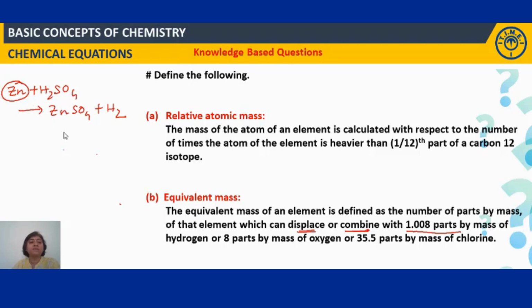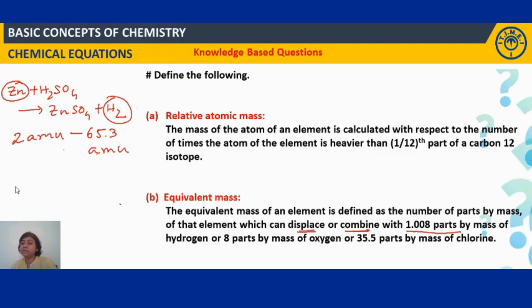What is the molecular mass of hydrogen? We have already seen it is 2 AMU. That means 2 AMU of hydrogen is displaced by one atomic mass of zinc, that is 65.3 AMU.